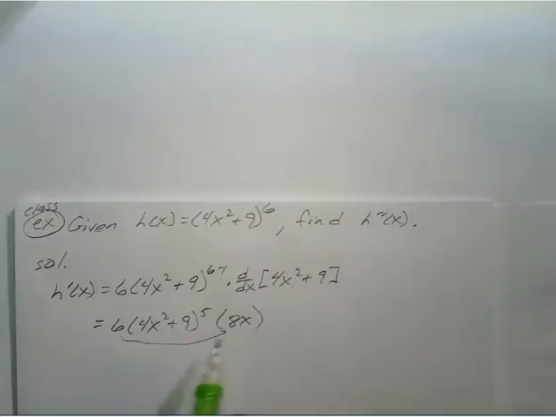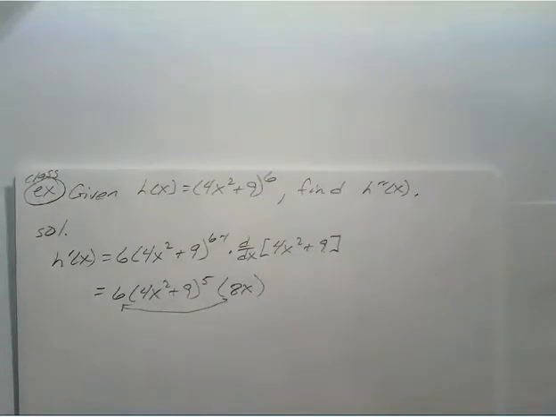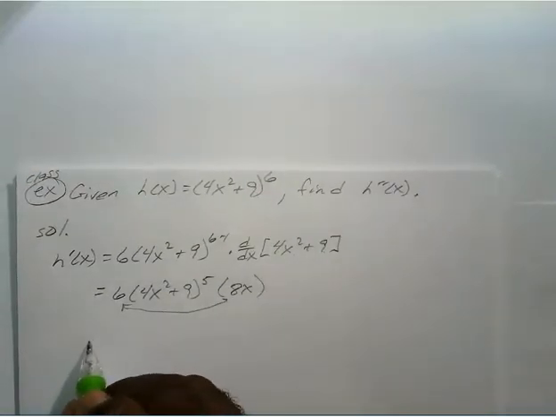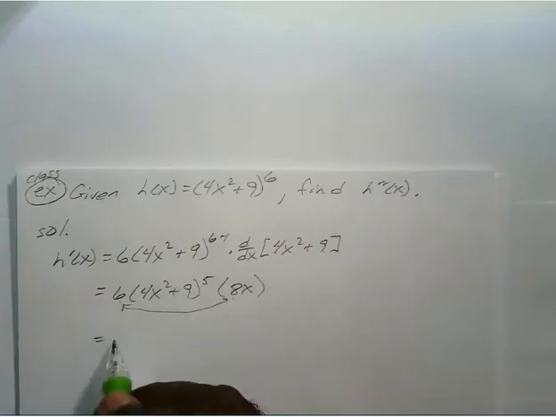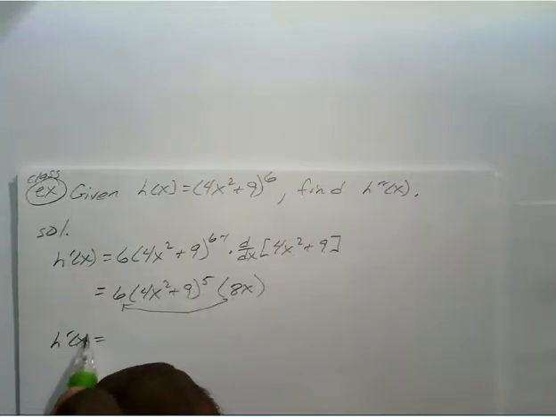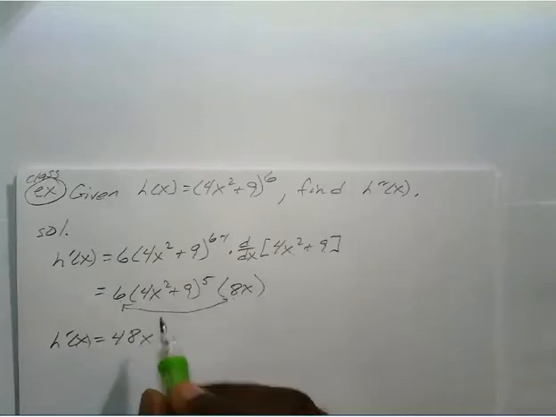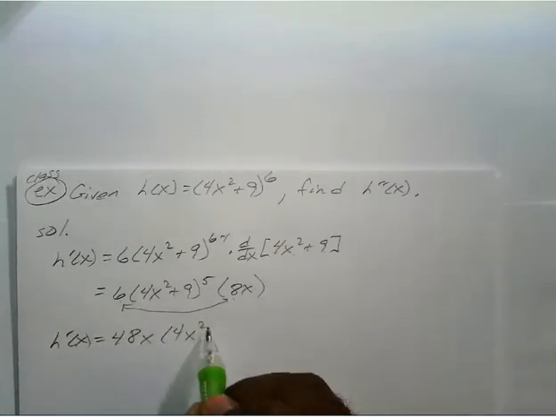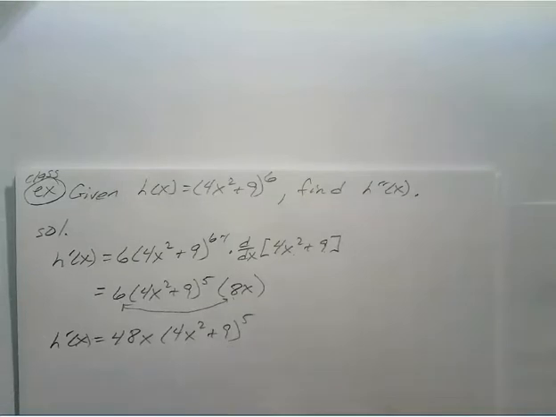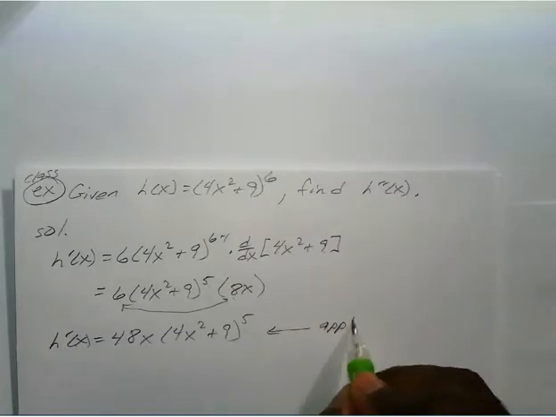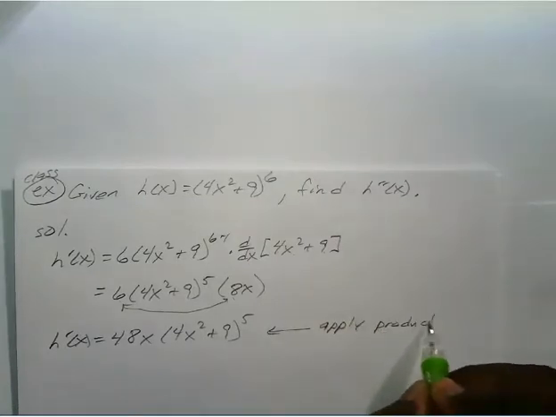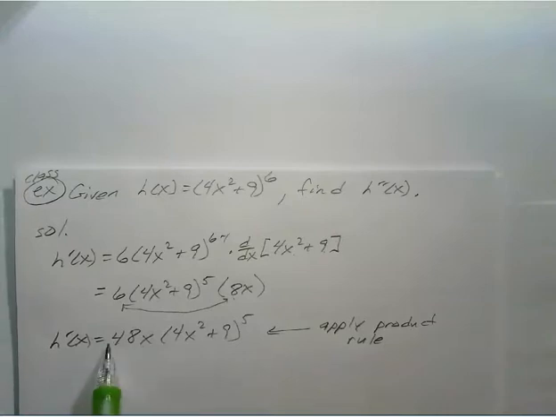So if you go ahead and combine those two, we see that our answer for our first derivative is 48x times (4x squared plus 9) to the 5th power. Okay, so now to find our second derivative, we apply our product rule because you have two x functions that you're trying to find the derivative of.